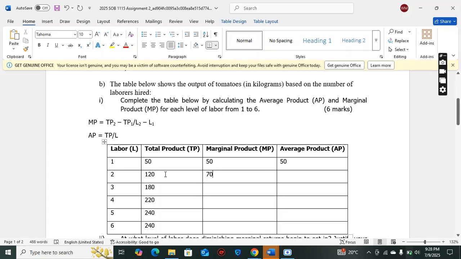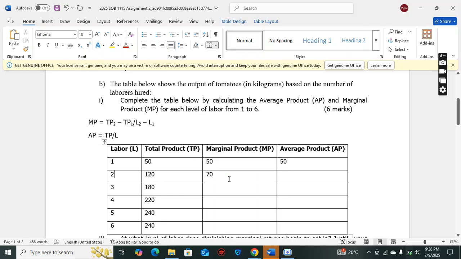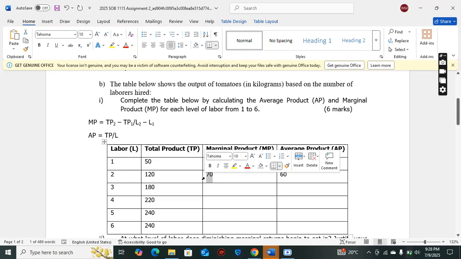Average product, 120 divided by 2, we get 60. As we see that relationship, marginal product is increasing. As we can see also, average product is increasing. So this second worker has brought 70 extra units. By hiring this second worker, they brought in 70 extra units.